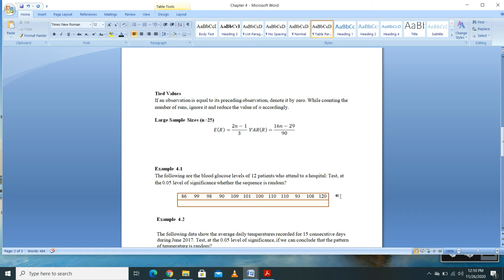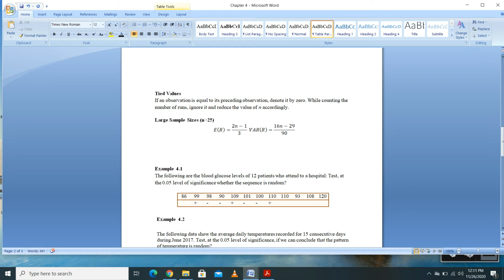So 99 is greater than 86, plus. 98 is less than 99, minus. 90 is less than 98, minus. 109 is greater than 90, plus. 101 is less than 109, minus. 100 is less than 101, minus. 110 is greater than 100, plus.